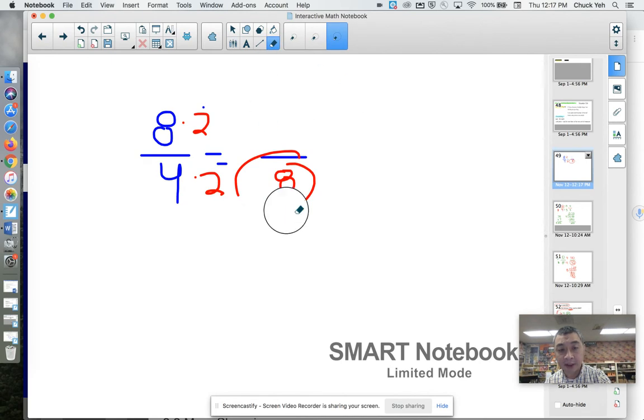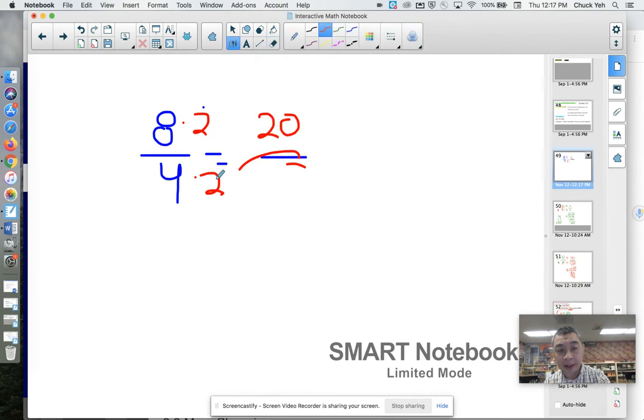If we change this to 20, now we can cross multiply. 4 times 20 is 80. What's 80 divided by 8? $10.